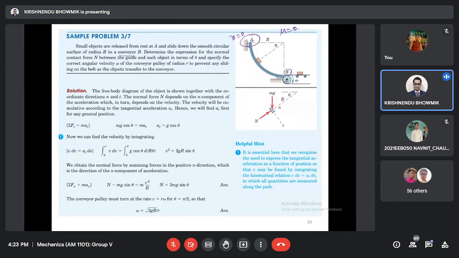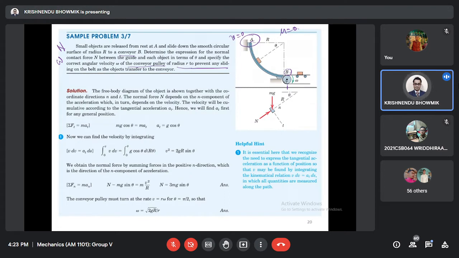Determine the expression of the normal contact force N between the guide and the object in terms of theta, and specify the correct angular velocity omega of the conveyor pulley, of radius r, to prevent any sliding on the belt as the object transfers to the conveyor.